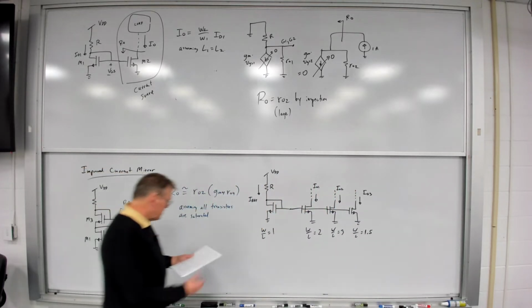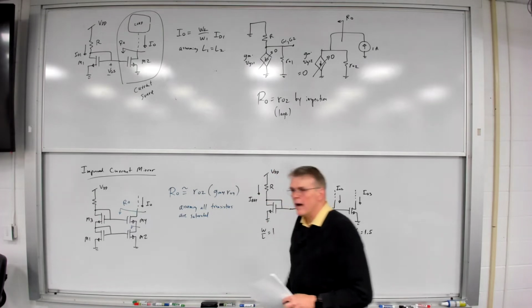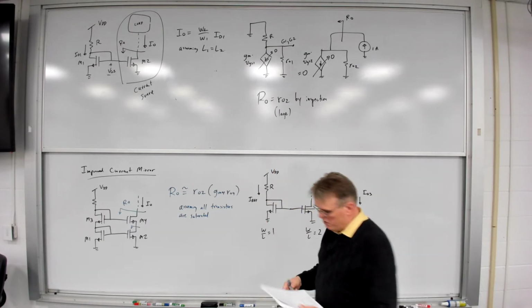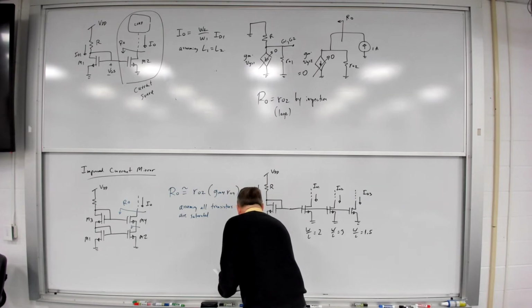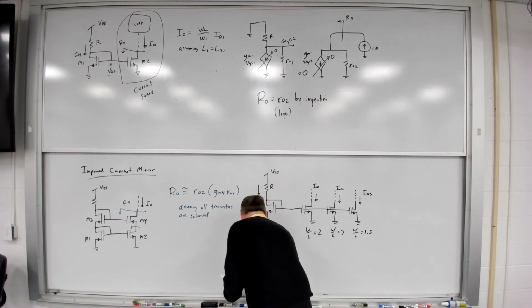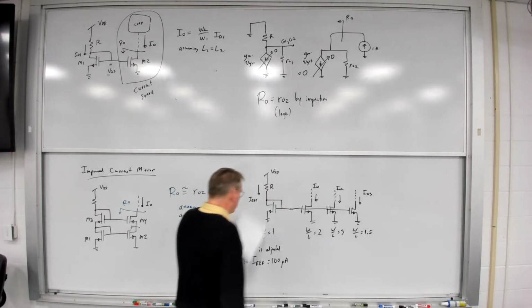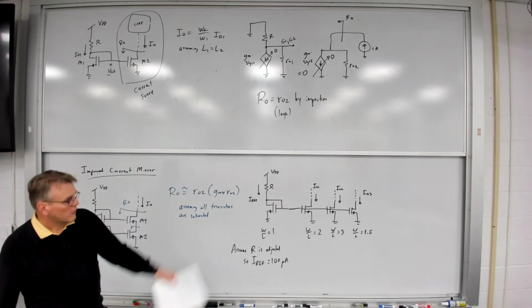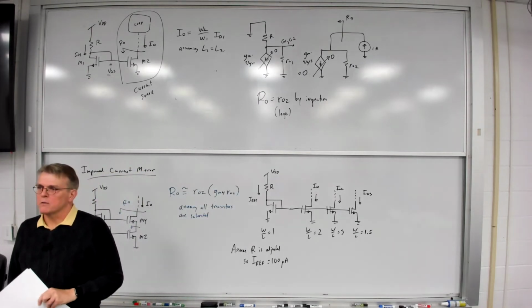And so in this case, let's assume we adjust R such that Iref is equal to 100 microamps. So this is what you do as a designer. You set that reference current by selecting the value of the resistor that gives you that particular reference current.